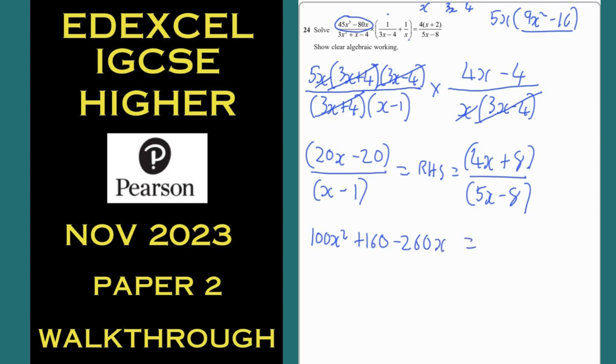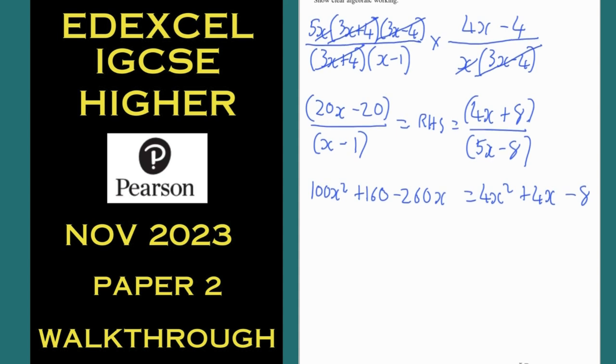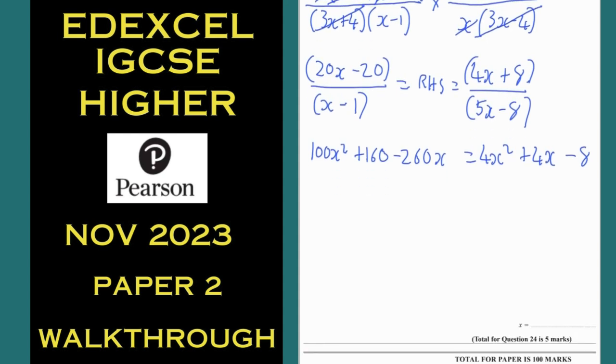And if we expand the right-hand side, we've got 4x squared, 8 times negative 1. Now do the x terms. We've got negative 4x plus 8x. So in other words, positive 4x. Now if you're going to solve these, you're going to need to equal it to 0.